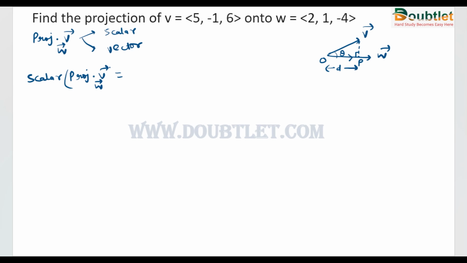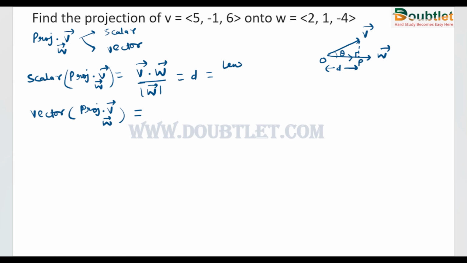So to write the scalar projection, what will we write? We will write it as v dot w divided by w magnitude. Basically in the denominator we have to take the magnitude of that vector on which the projection is taken. Here projection is taken on w vector. So this is the magnitude, and to find the vector projection, its value is equal to d, where d means the length of the projection vector.